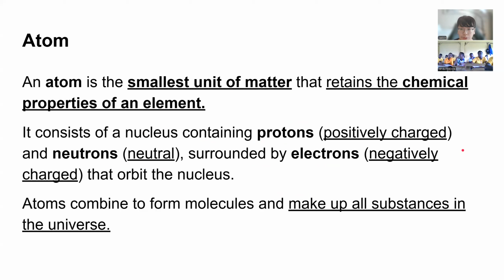I have a diagram after this. You might have seen this already, but these are the basic properties of an atom. Atoms combine to form molecules and make up all substances in the universe. Atoms can combine in different ways to form molecules, which are just combinations of atoms.